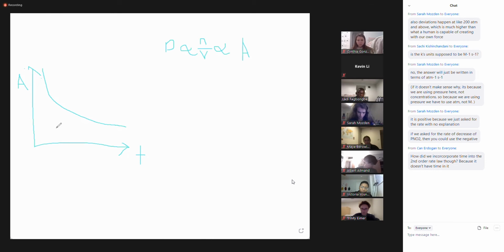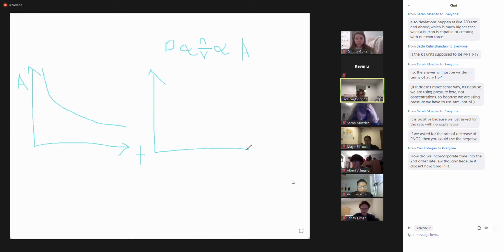Okay, thank you. So when the concentration is really high, a lot of light is going to be absorbed because there are so many particles in the way, if that's an easy way to think about it. Okay, so that is the graph for absorbance versus time.